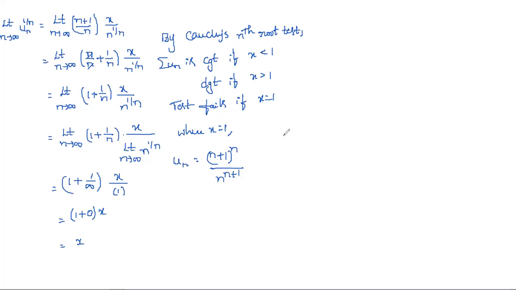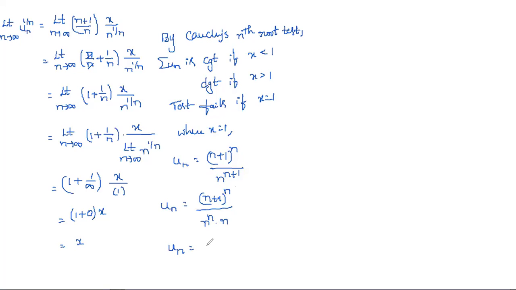So x is equal to 1, so this is remaining. Can you write like this? Un is equal to n plus 1 by n plus 1 whole power n by n power n into n, and then un is equal.